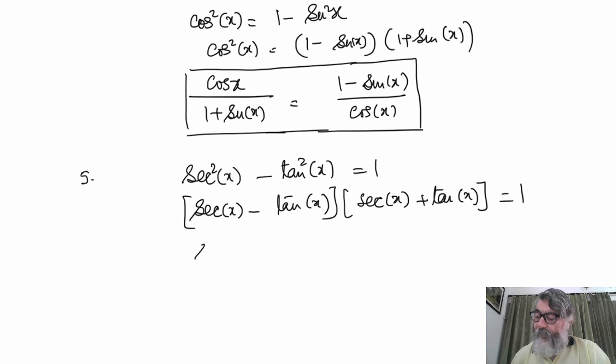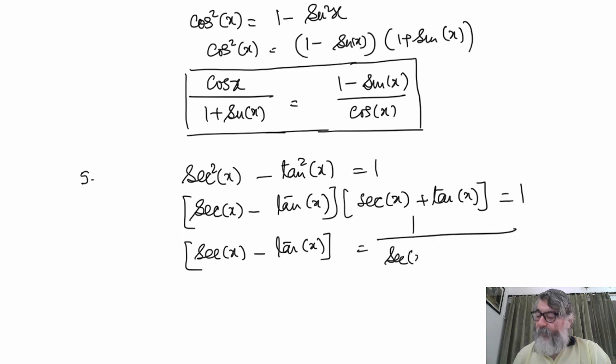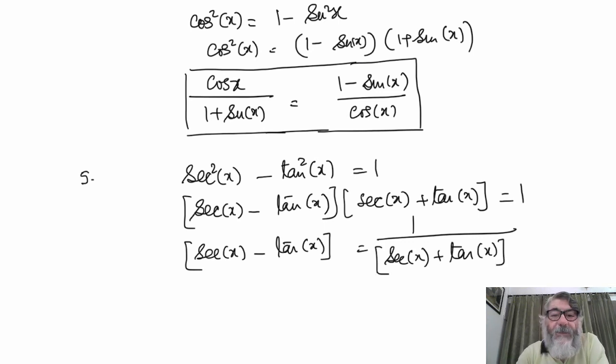Or I can write sec x minus tan x as 1 upon sec x plus tan x. You see, when the product of two numbers is 1, they are reciprocals of each other. So sec x minus tan x and sec x plus tan x are reciprocals of each other.